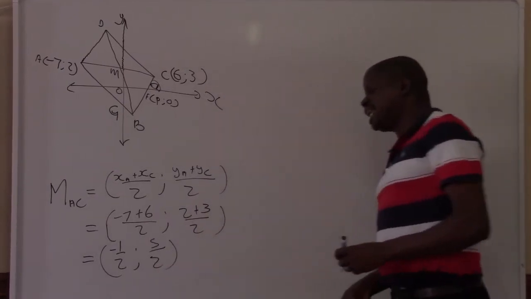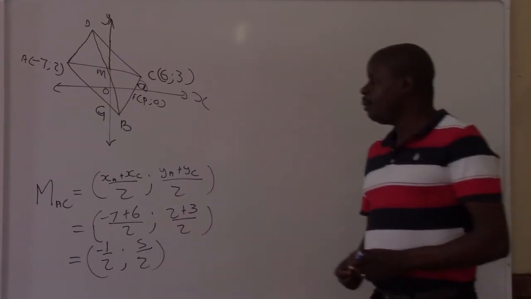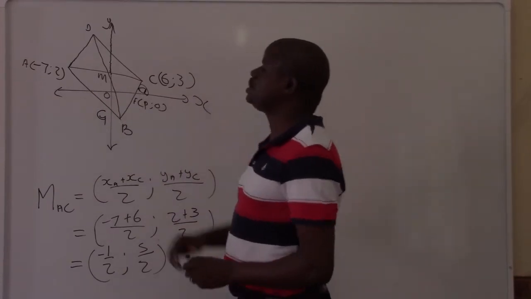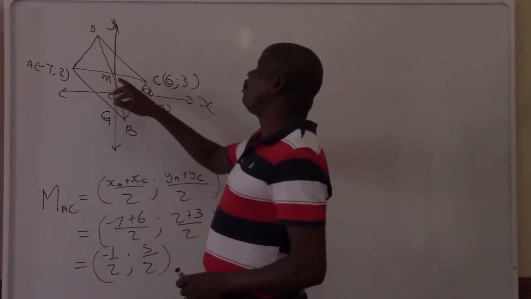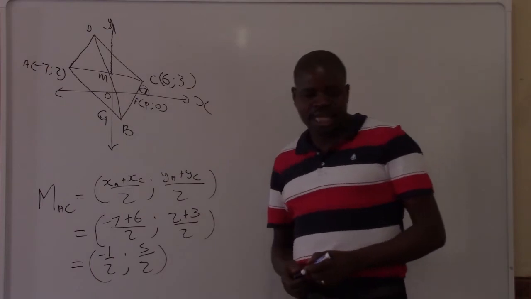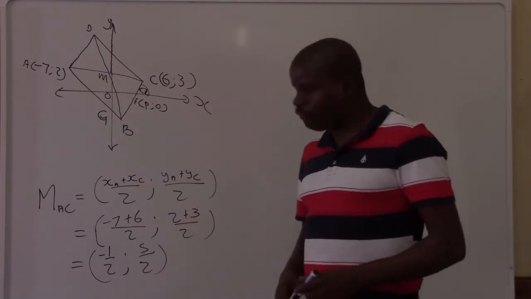So those are the coordinates of M, by using the properties of a rectangle, whereby we have it as the midpoint of that AC.